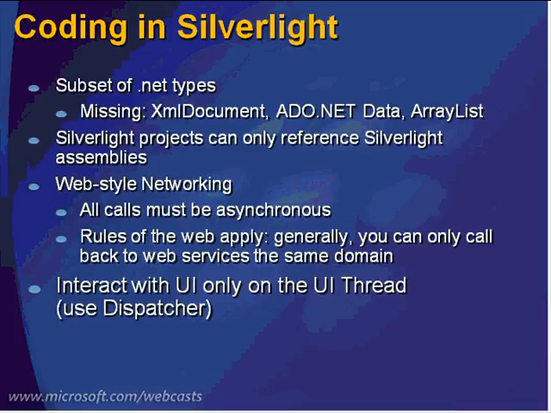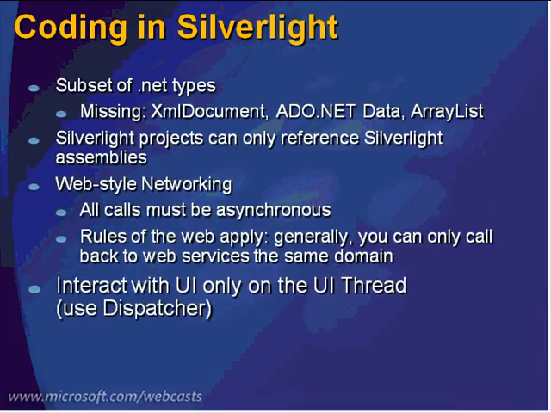The ArrayList is missing, but again, there are all kinds of generic collection types that you can use. A little caveat is that Silverlight projects can only reference Silverlight assemblies.